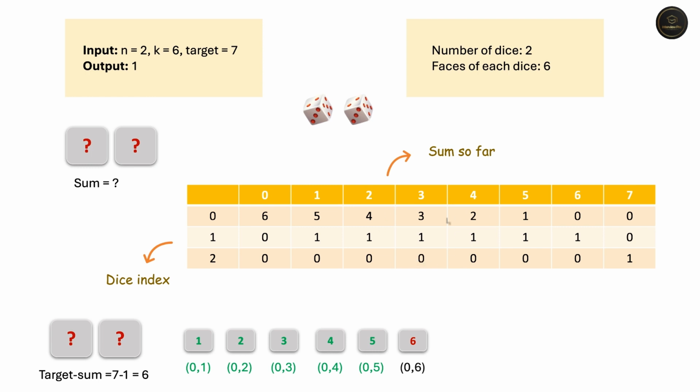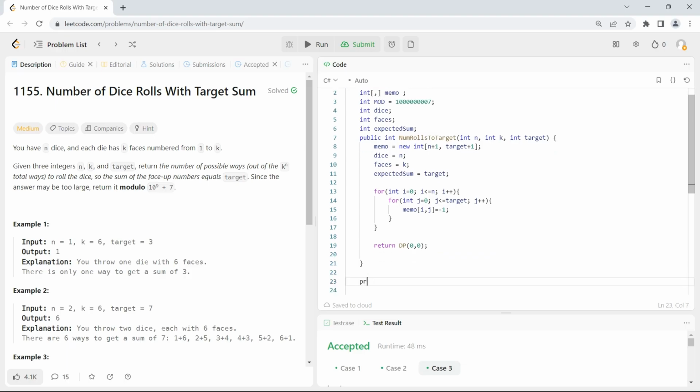Now let's try to code this using the bottom-up approach. Let me declare another method here. Let me name it bottomUp only, and I'll pass n, k and target.